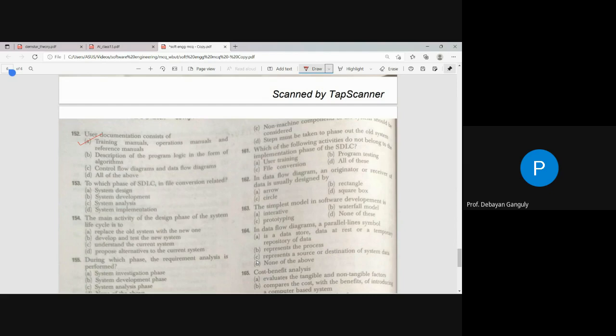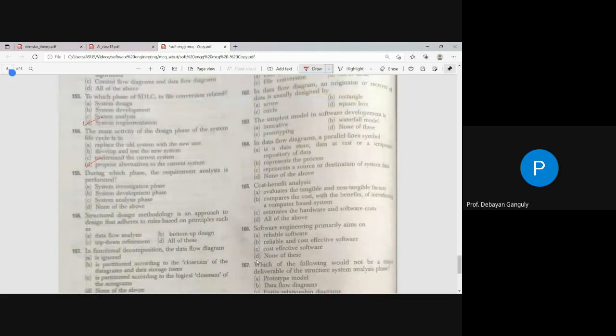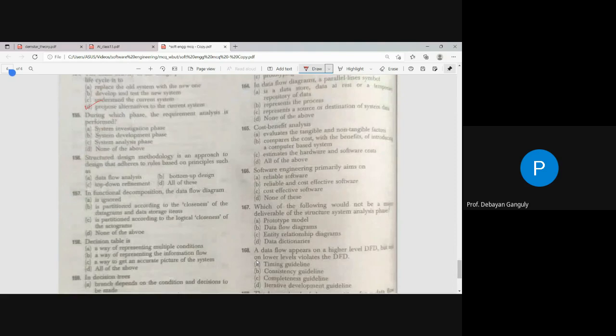152. To which phase of SDLC are file conversions related? That means system implementation. The main activity of design phase of the system lifecycle is to propose alternatives to the current system. During which phase is the requirement analysis performed?